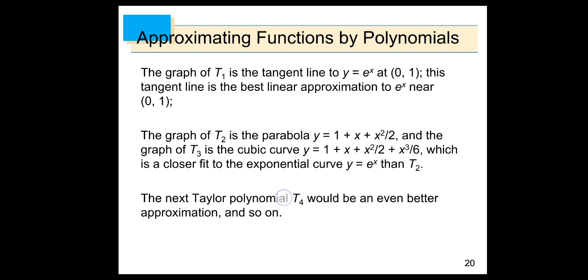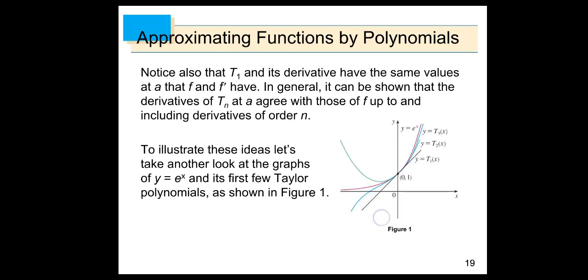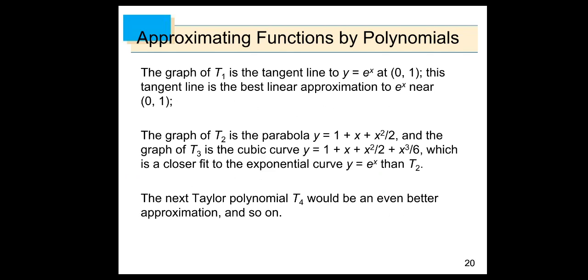This is a closer fit to the exponential curve y equals e power x than t2. The next Taylor polynomial t4 would be an even better approximation, and it would continue.